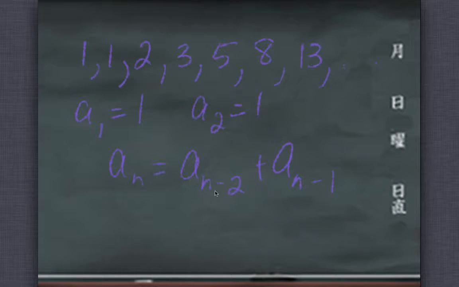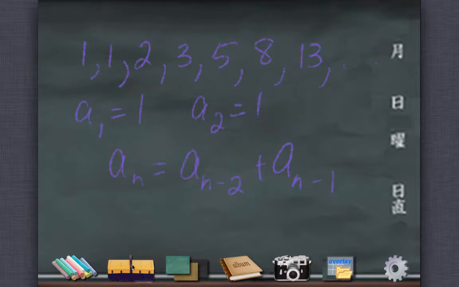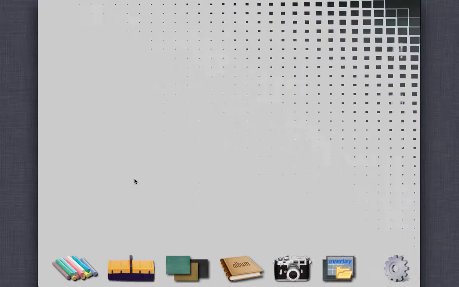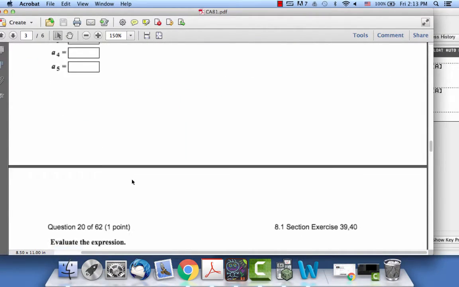And when you do this in a sub n minus something, that means step back that many times. So I want to step back twice and add that to stepping back once. So stepping backward is subtracting 1. So this is how you define a Fibonacci sequence, and these two numbers could have been anything you wanted, and it would still be a Fibonacci sequence, just not the most famous Fibonacci sequence.